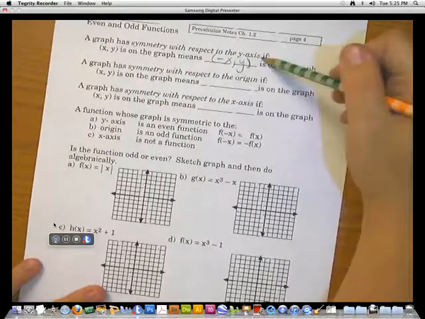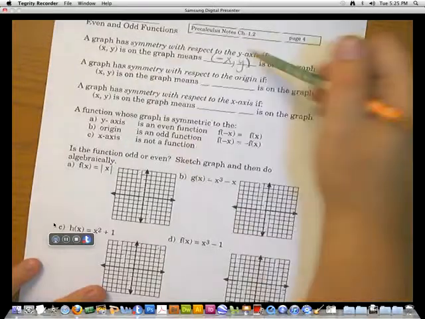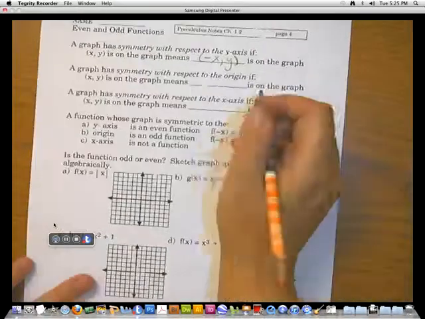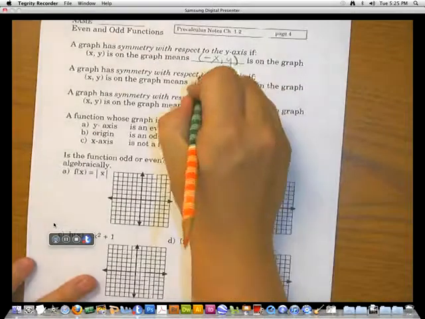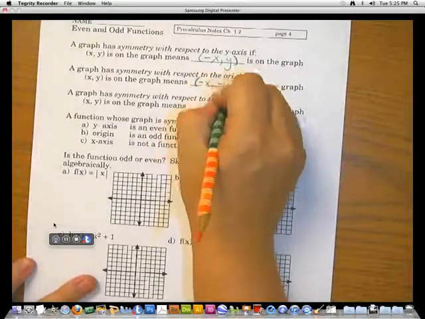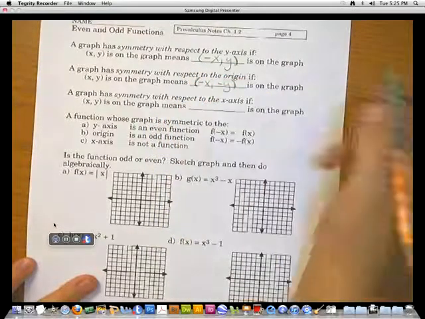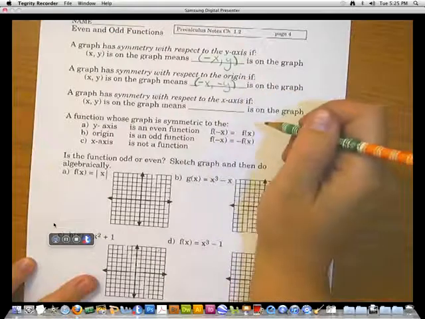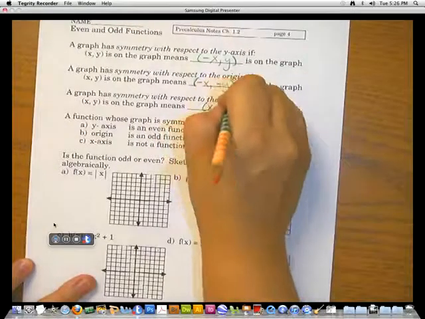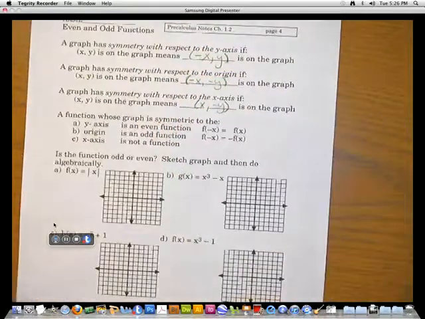And this is what we talked about. If this was a reflection over the y-axis, this was the point we had. So if I'm over the origin, both of them were negative. And if I'm over the x-axis, then I had a y that was negative.